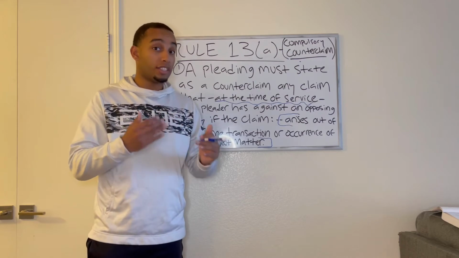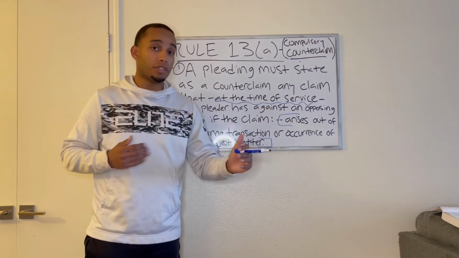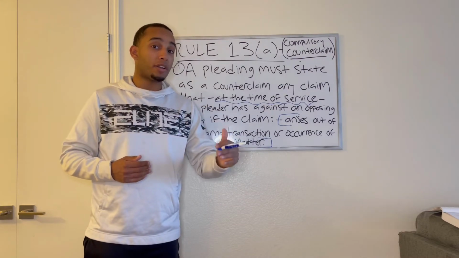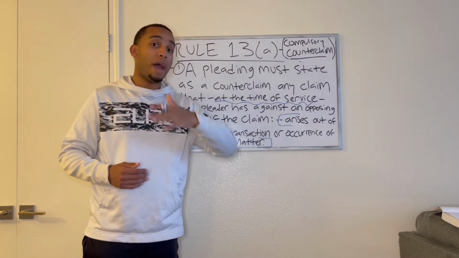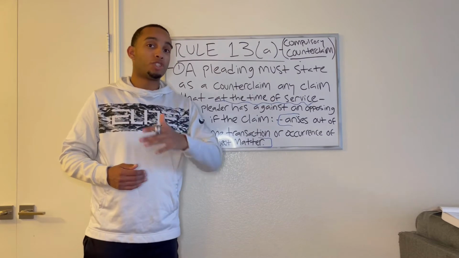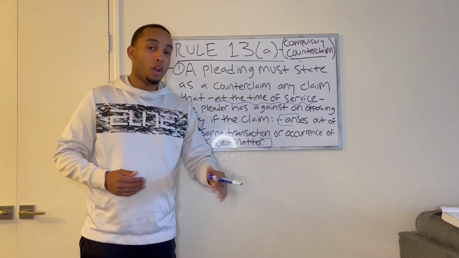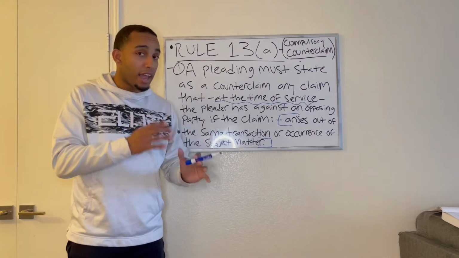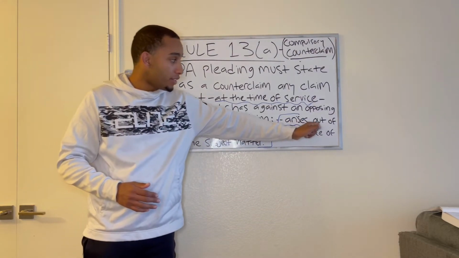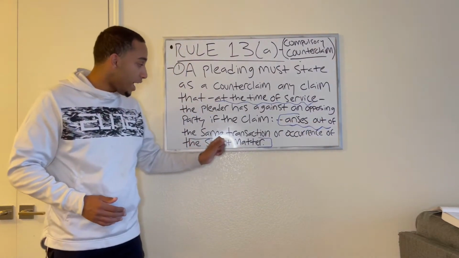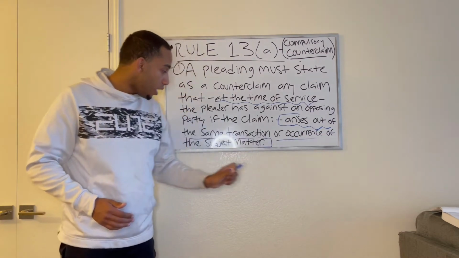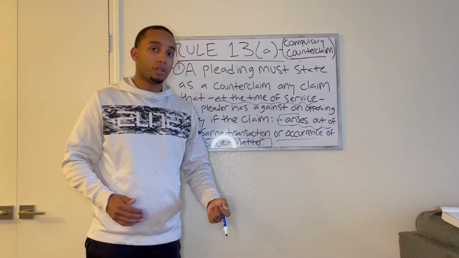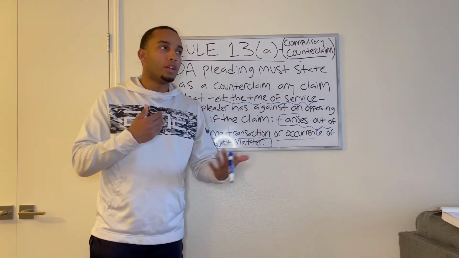So let's say, like I just said, the plaintiff sued the defendant for negligence. Okay? So if the defendant wants to get back at the plaintiff to make a counterclaim, a countersuit, back at the plaintiff, he would have to sue under negligence. Okay? Or any other suit that would fit the facts of the case that arises out of the same transaction or occurrence, the subject matter of the negligence lawsuit. Okay? Let me add a little more facts to the story.